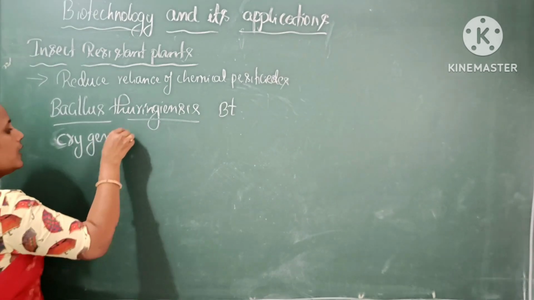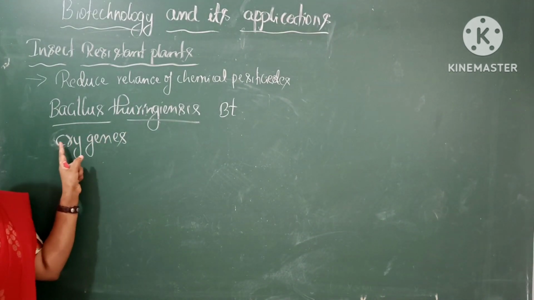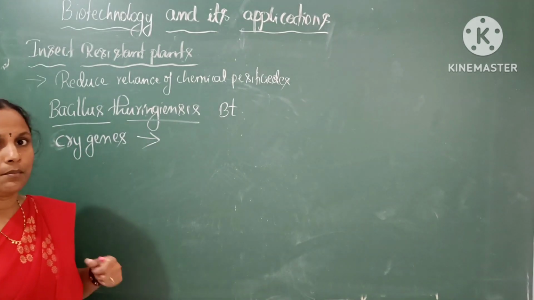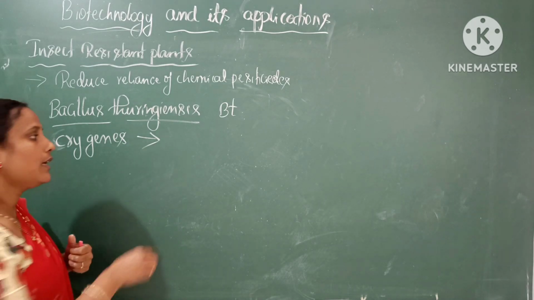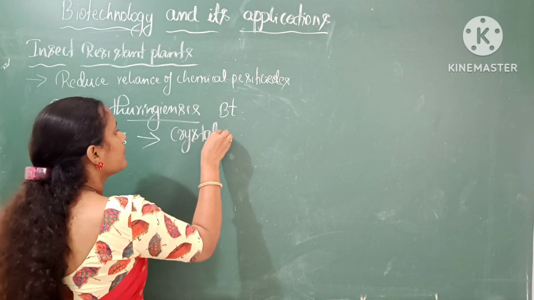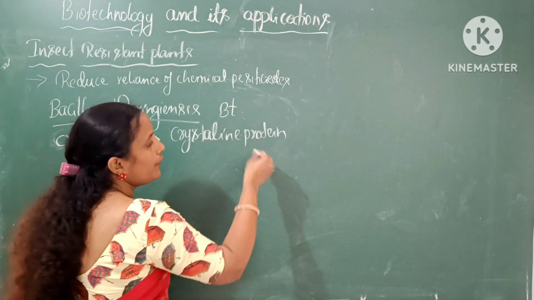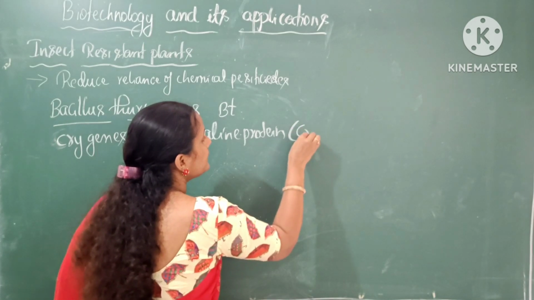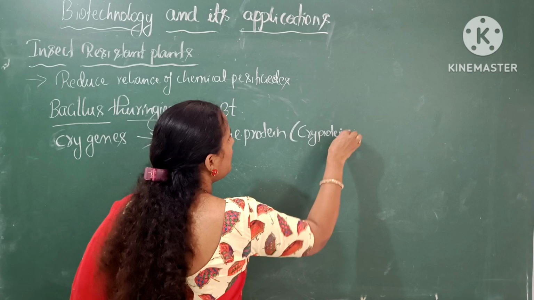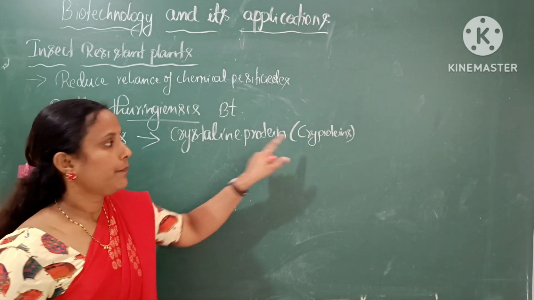When you are referring to genes, you should write c in small letters. And these cry genes are able to produce some protein crystals, we can call them crystalline protein. In short we can refer to it as Cry proteins. When you are referring to protein, you should use C capital.